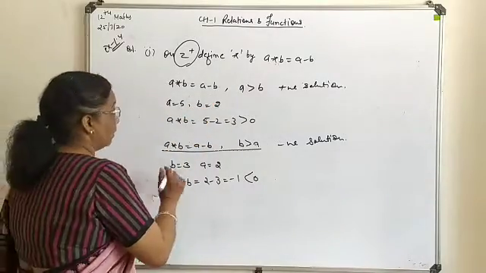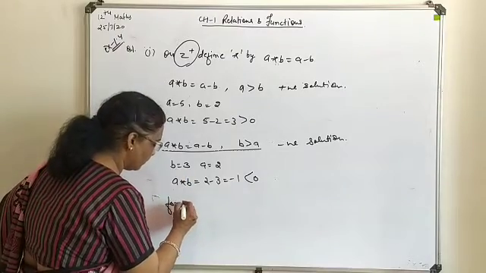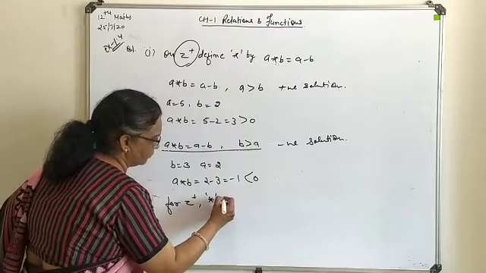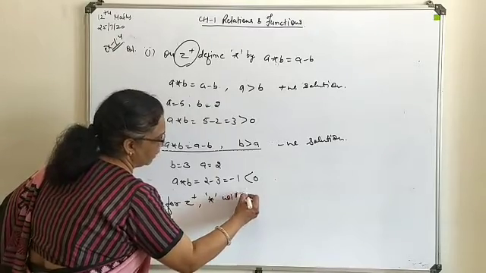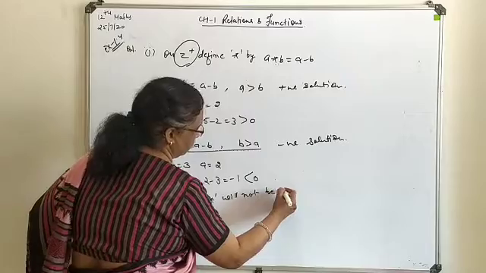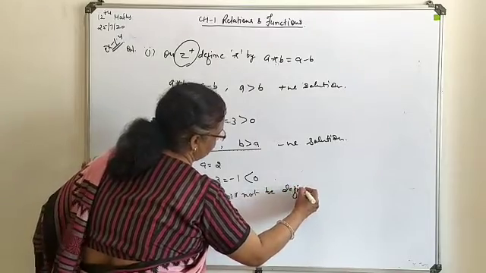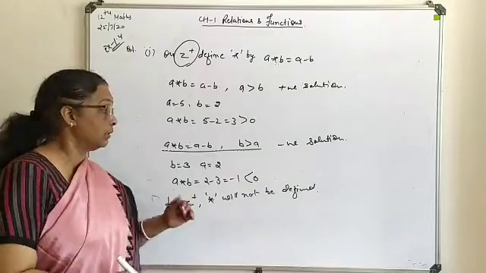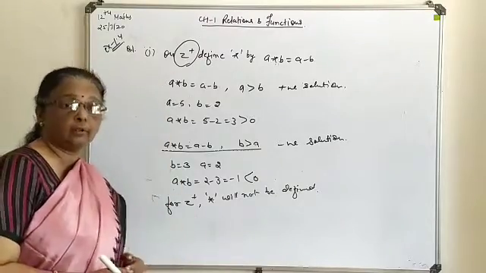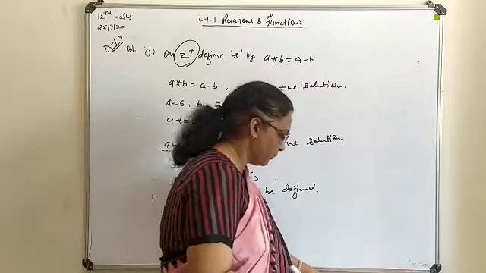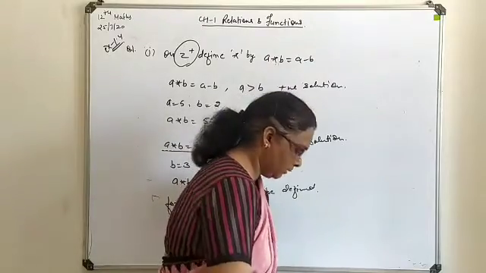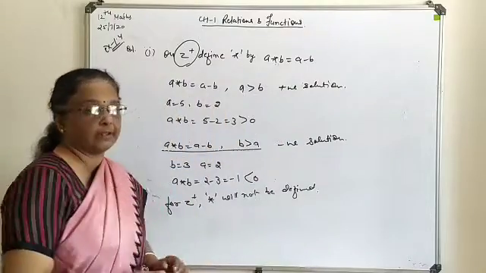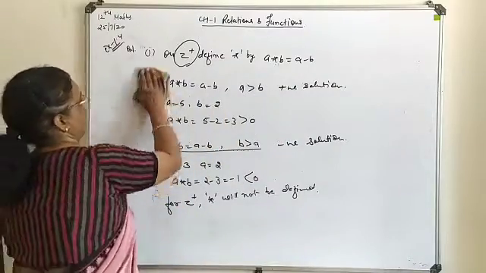So for z plus, the binary operation will not be defined. This way you have to check whether the answer you get is within the range or not. Now secondly, we are going to take one more example and try to understand whether this given function is a binary operation or not.